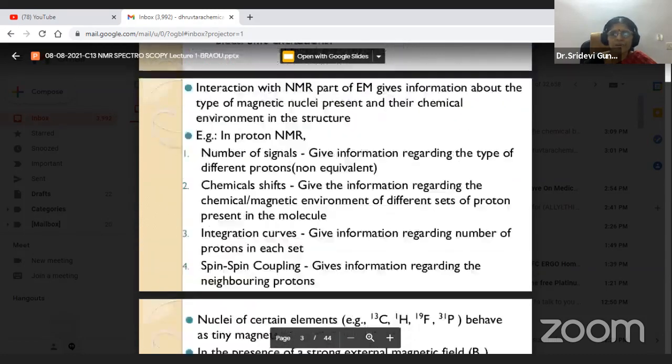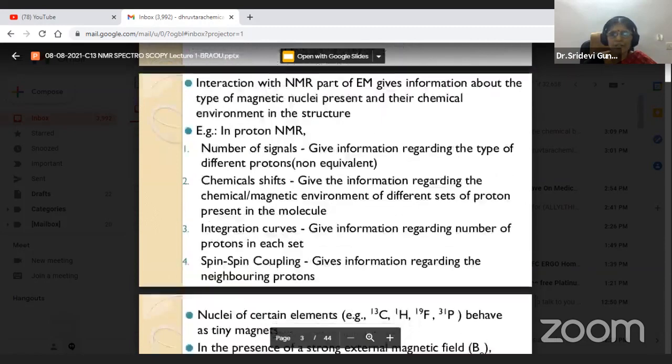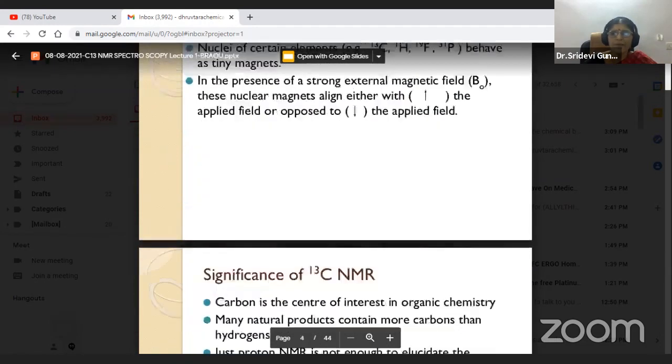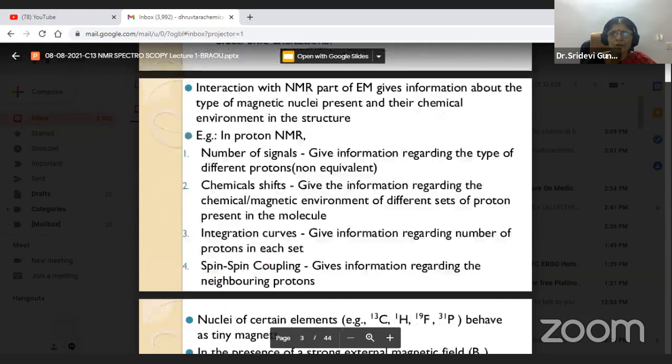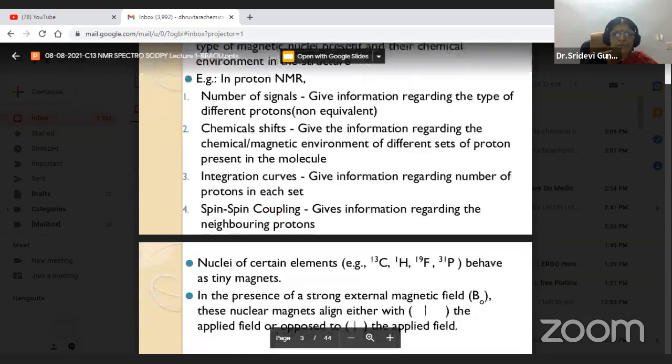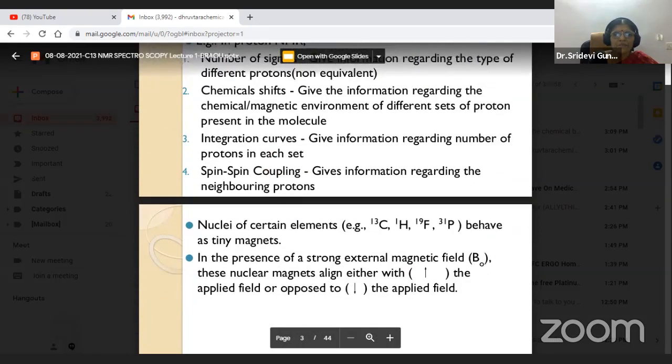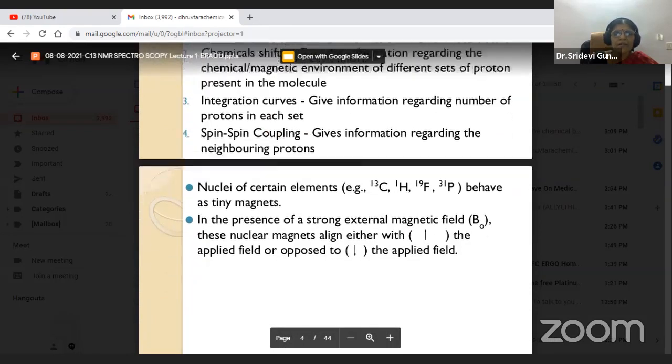What is the need of a magnetic field here? In the absence of an applied magnetic field, the magnetic nuclei present in the molecule are randomly oriented. They are not oriented systematically. They are randomly oriented, so the net magnetic field will not be there.